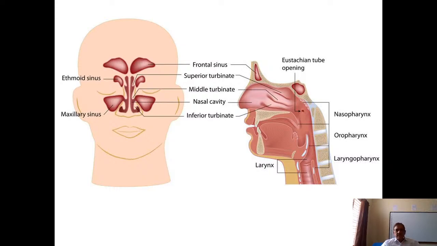Whenever there is an obstruction to these passages, there is accumulation of mucus which gets infected and gives rise to the condition called sinusitis. The sinuses usually contain air normally, and they act as resonating chambers in the production of the voice, the phonation.